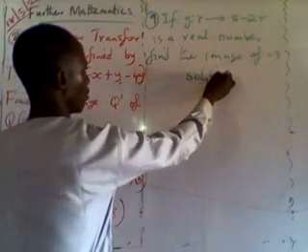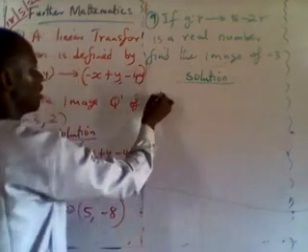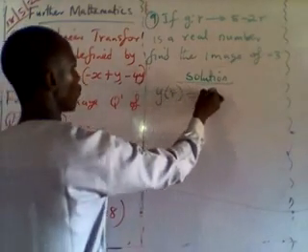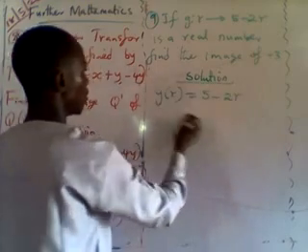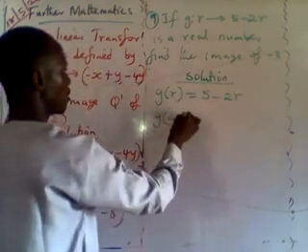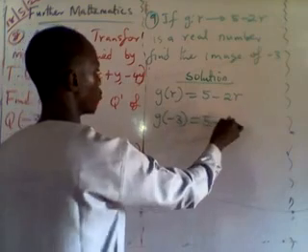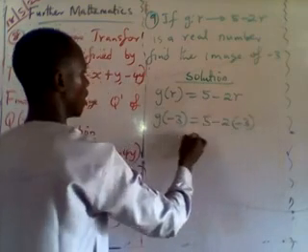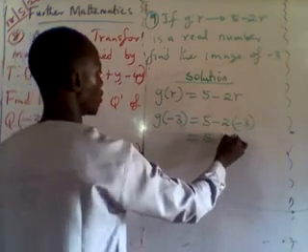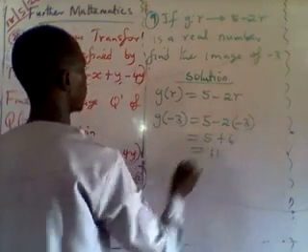Solution: we are given g(r) to be equal to 5 − 2r, and we have to find g(−3), which is equal to 5 − 2(−3), and that is 5 + 6, which is 11.